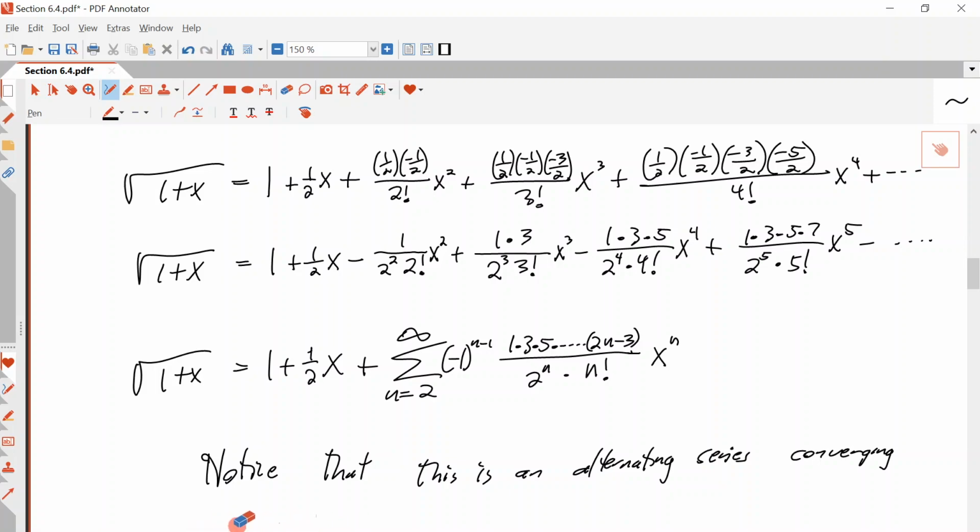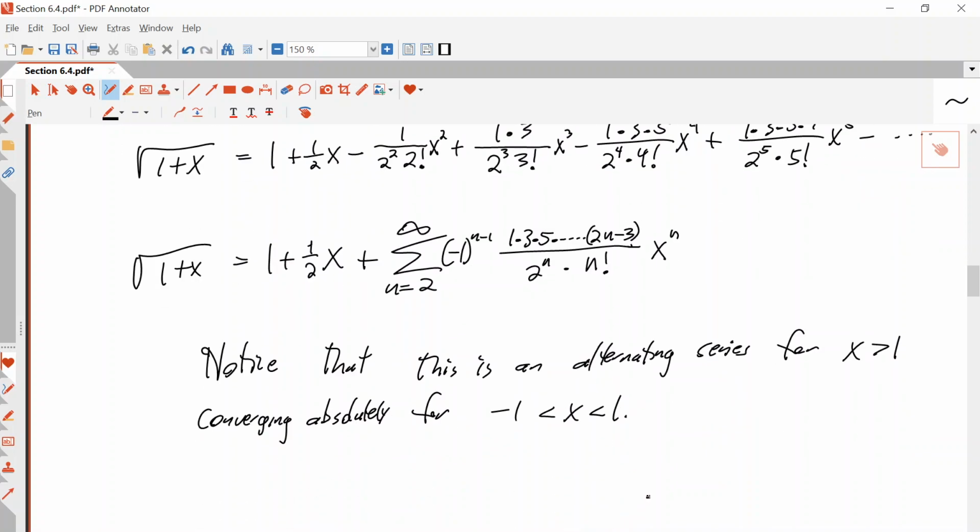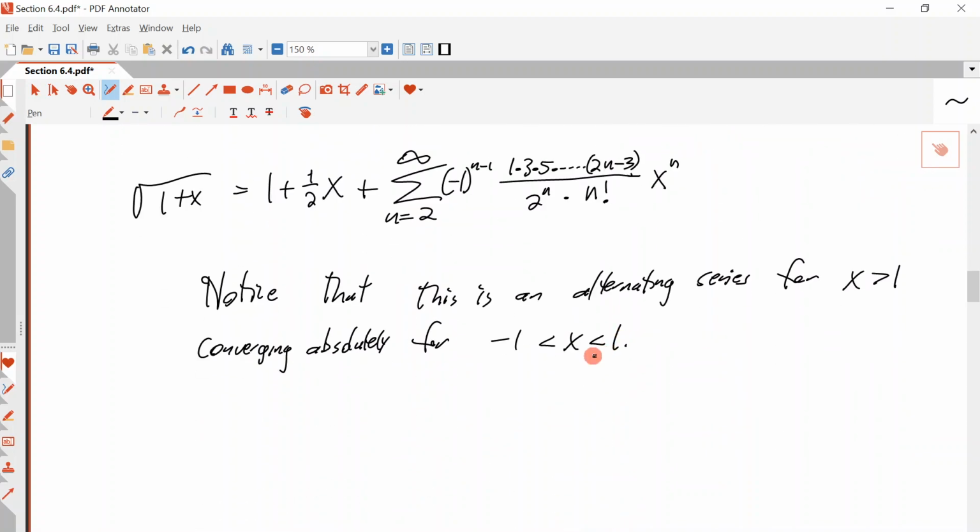Well, it's an alternating series for x larger than 1, converging absolutely for minus 1 less than x less than 1. But it does converge conditionally at x equal to 1. We still have convergence.